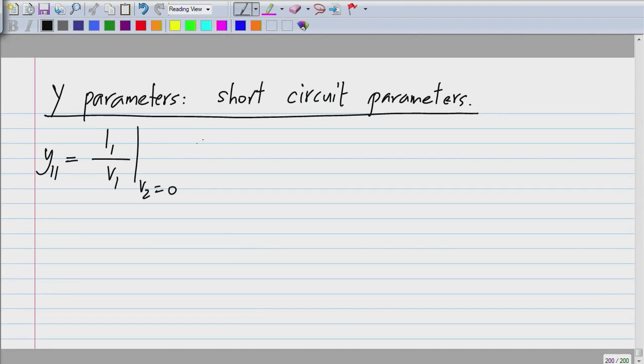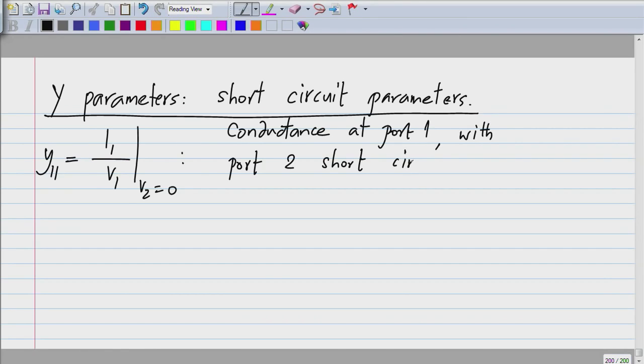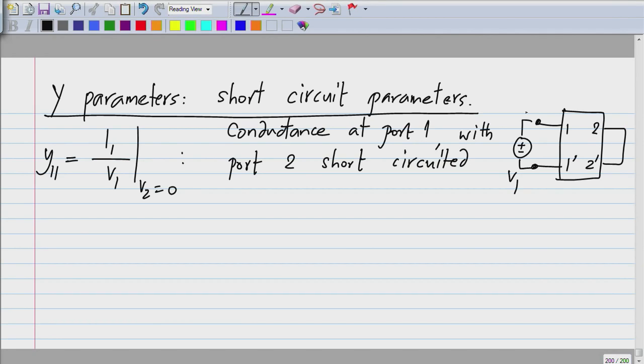So this is nothing but conductance at port 1 with port 2 short circuited. If you imagine the picture, we will have it like this.